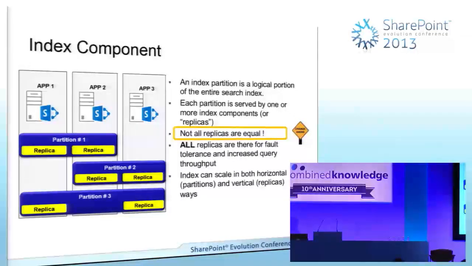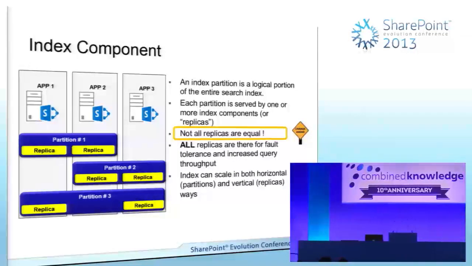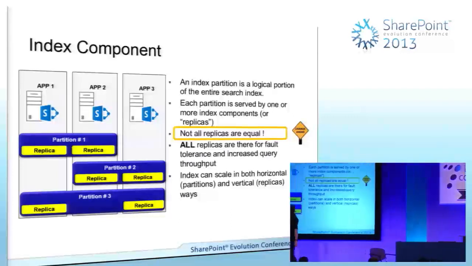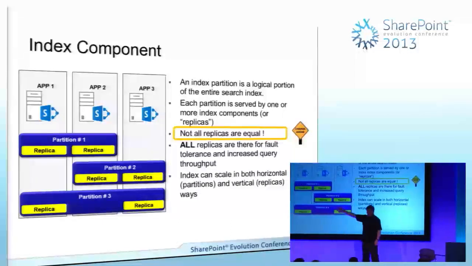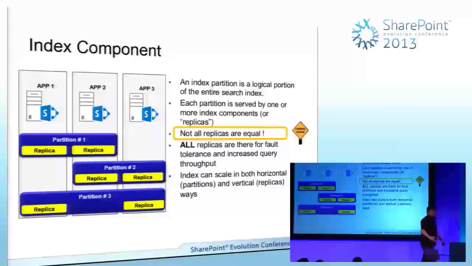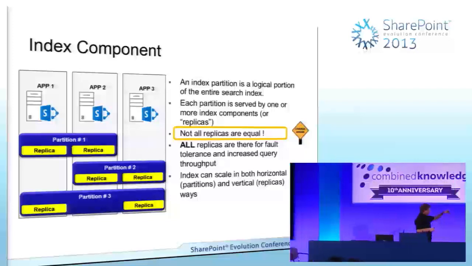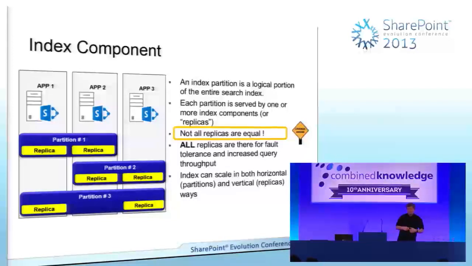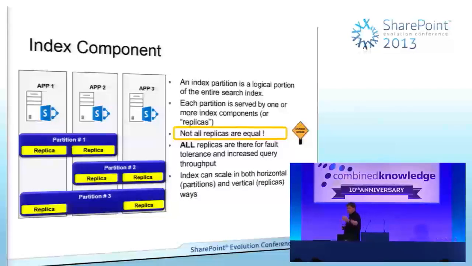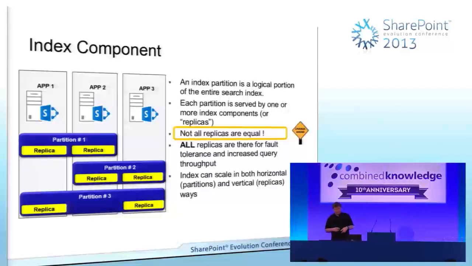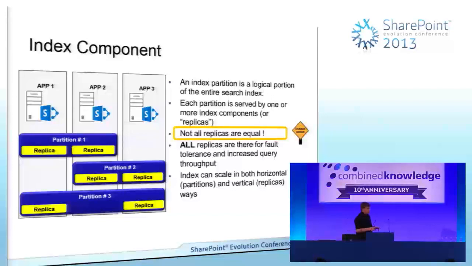So in this scenario here of a simple architecture, in partition 2, for example, this replica and this replica, one of them will be classed as the primary, and the others you could call secondaries, whatever you want to call them. Only one of those replicas receives the updates from the content processor. That replica is then responsible for propagating those changes to the other replicas. That's a key difference in this version of the product. It's fundamentally different. It actually means potentially less load on your network as well, so it's an easier process in that regard.